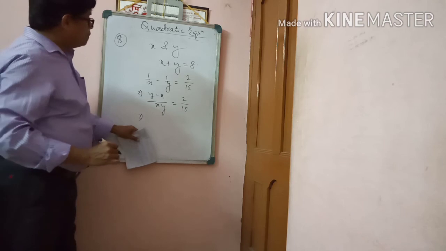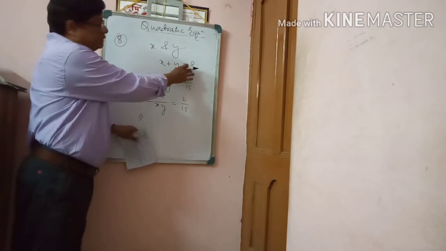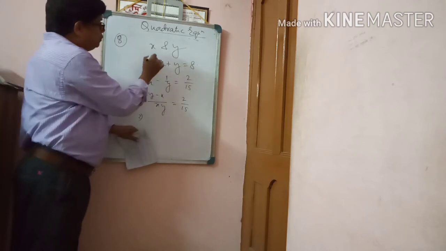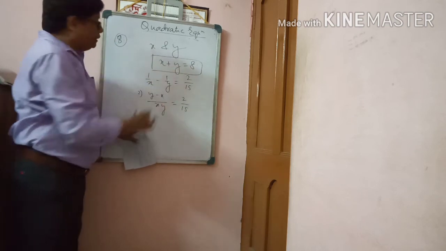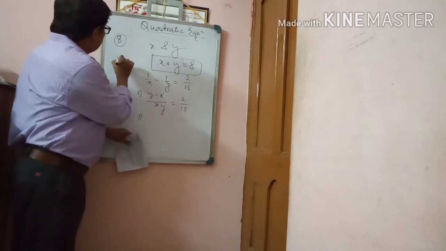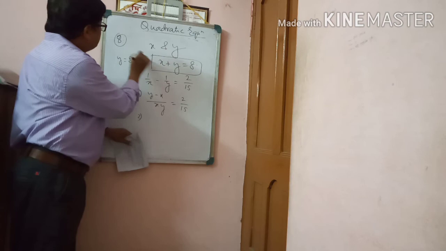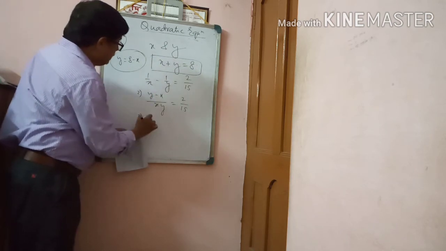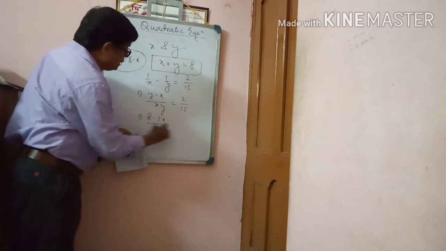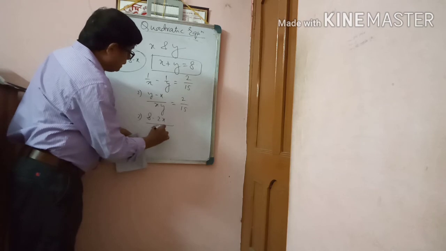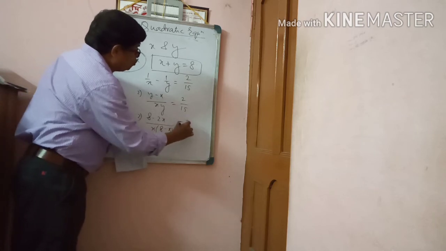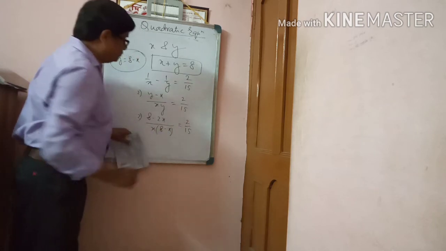Okay, you can put the value y equal to 8 minus x. From this equation we can write y equal to 8 minus x. So write 8 minus twice x by x into 8 minus x, equal to 2 by 15.